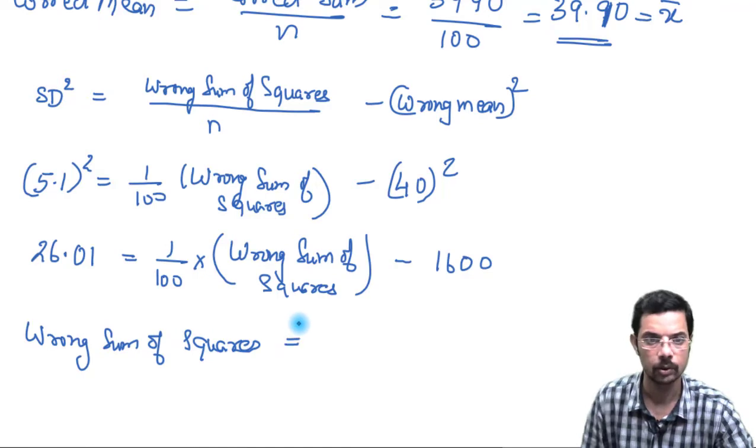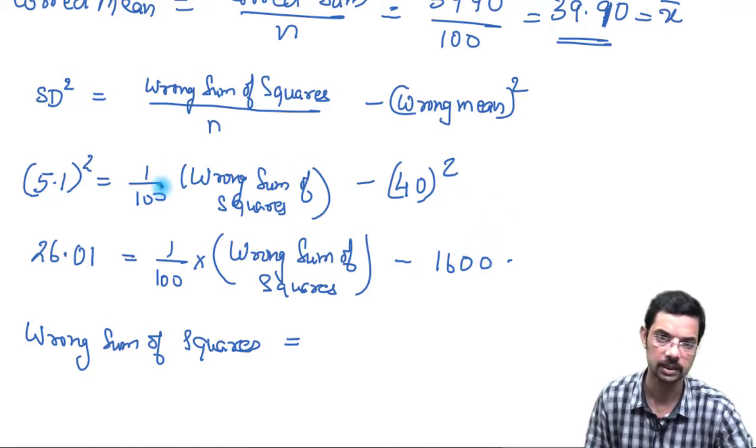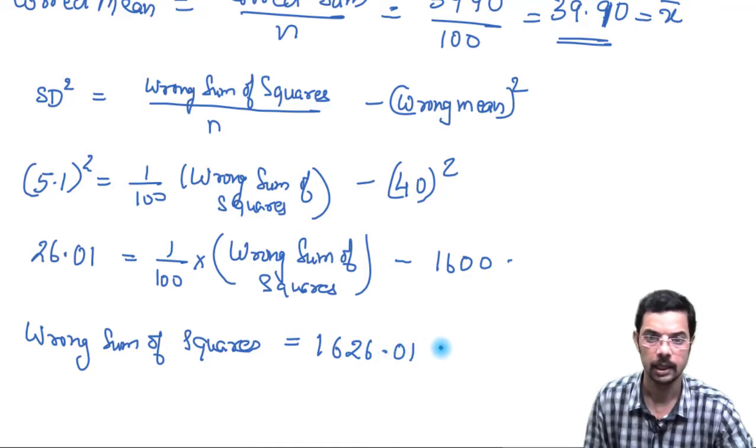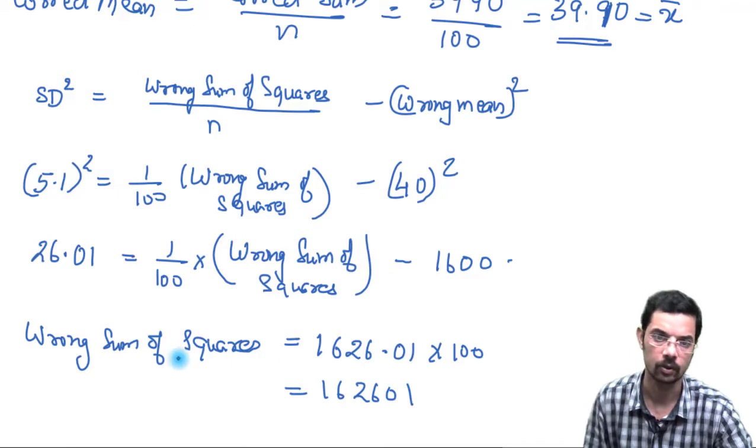When you take this to the other side, it becomes plus and is added to 26.01, so it becomes 26.01 into 100, plus 1600, which will be equal to 162601. Wrong sum of squares will be equal to 162601.